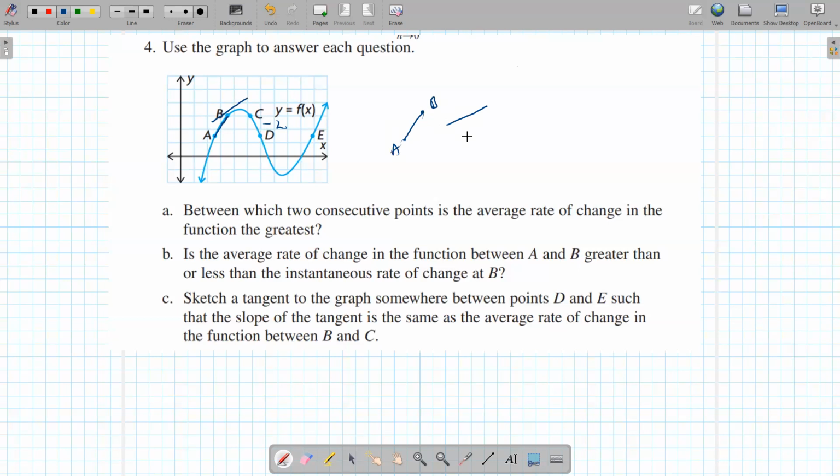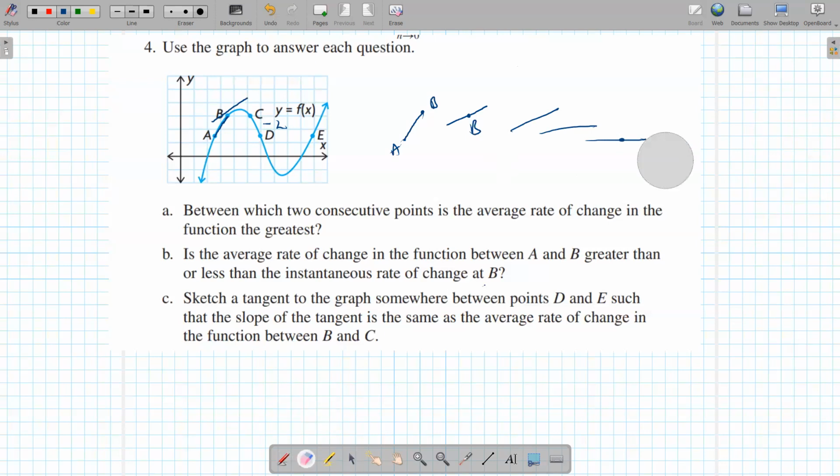What do you think? Which one has a steeper slope? A to B definitely has a steeper slope. When you go towards a turning point, like at B, it's getting flatter and flatter and flatter, and it's going to eventually have a slope of 0. So A to B has a greater slope than the instantaneous at B.